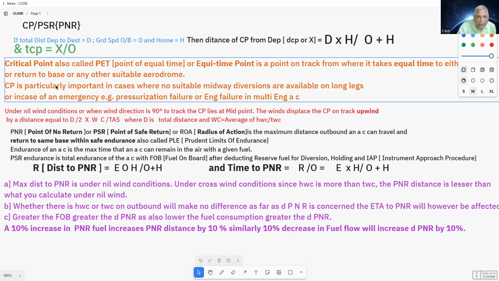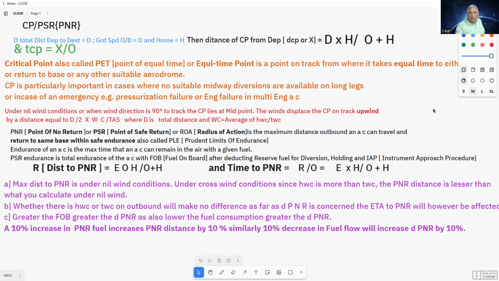This is particularly important in those flights where no suitable midway diversions are available, legs are long, or in case of an emergency where time is critical, you must land at the earliest possible time. Then I would like to know, have I crossed the half time, point of equal time on my track? Emergency could be pressurization failure, engine failure, etc.